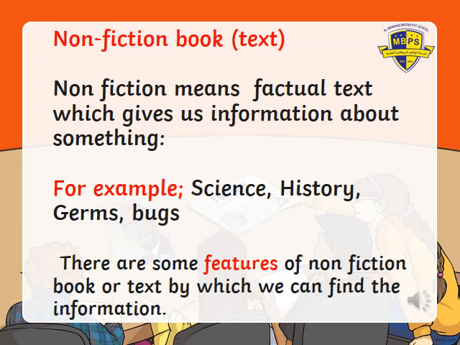For example, science, history, germs, bugs. If you look at the word science, science means something which is real, which gives us some information. And if you look at history, history means that we know about the people who lived before us, right? This is something which is giving us some correct information, some factual text.